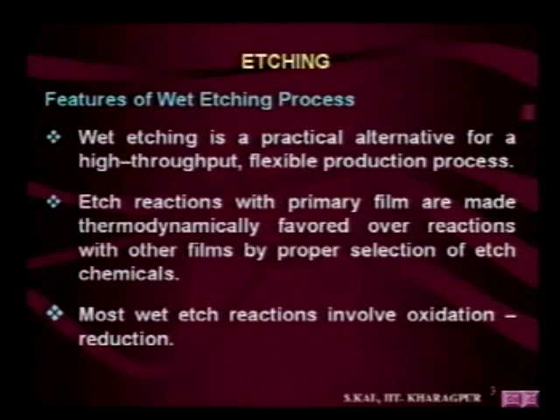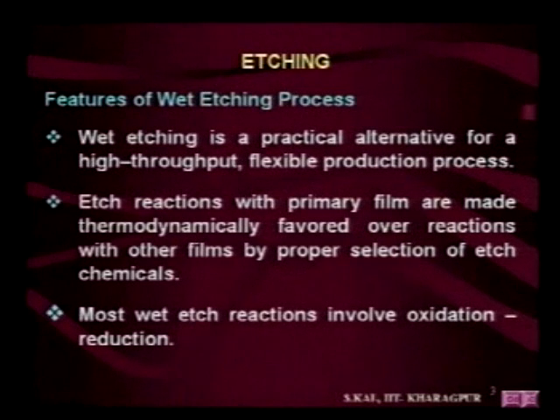A batch of say 25 wafers or a batch of 40 wafers can be etched simultaneously in an etching tank. So per wafer etching time is small. You can have more wafers etched in a particular time, and wet etching is a flexible production process.